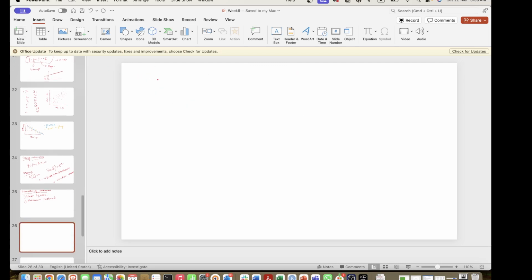The basic idea in least squares is we have these x's and these y's, and this is the scatter plot that we have.